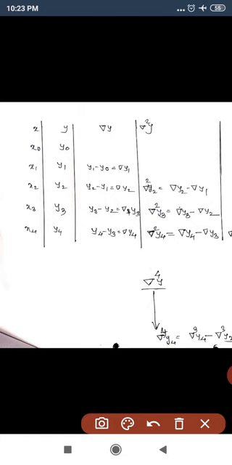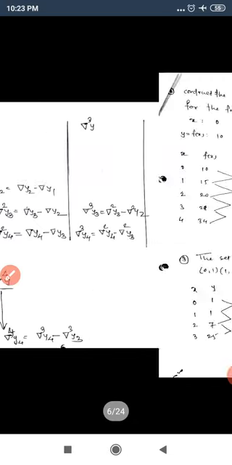Del cube of y3 is equal to del of y3 minus del of y2, and del square of y4 equal to del of y4 minus del of y3. In this way we can calculate this. So this value is what? This minus this, and this value is this minus this value.